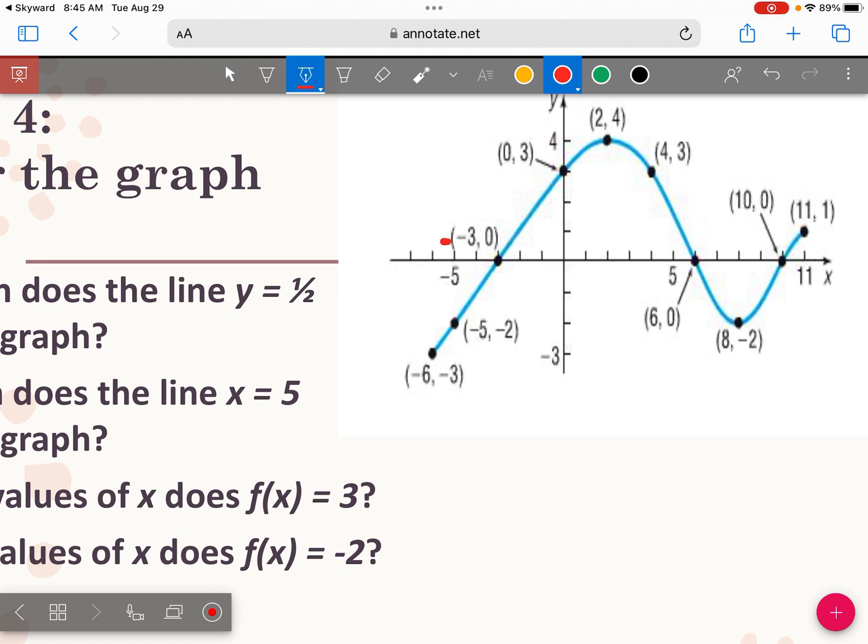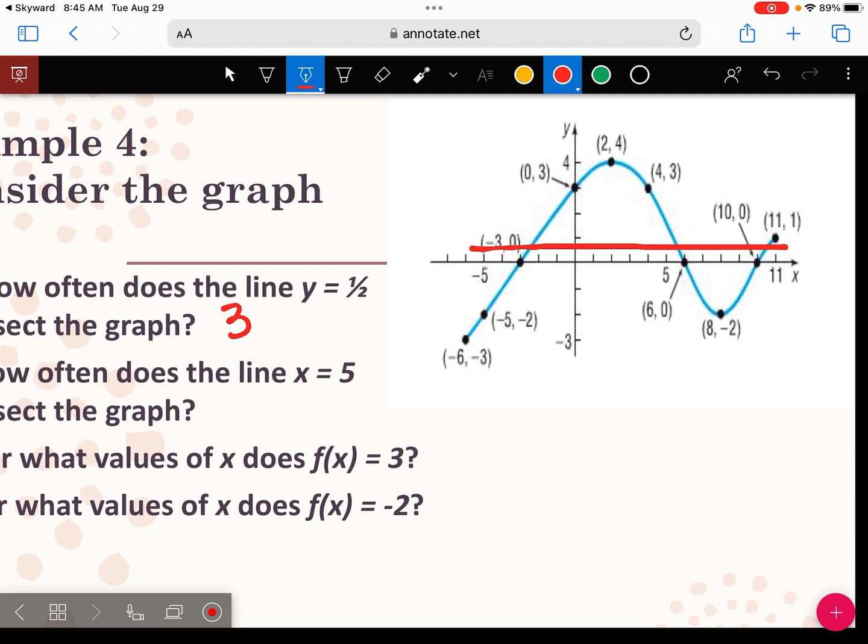It's a little crooked, but let me try again. How many times does that red line cross through the blue function? Three times.